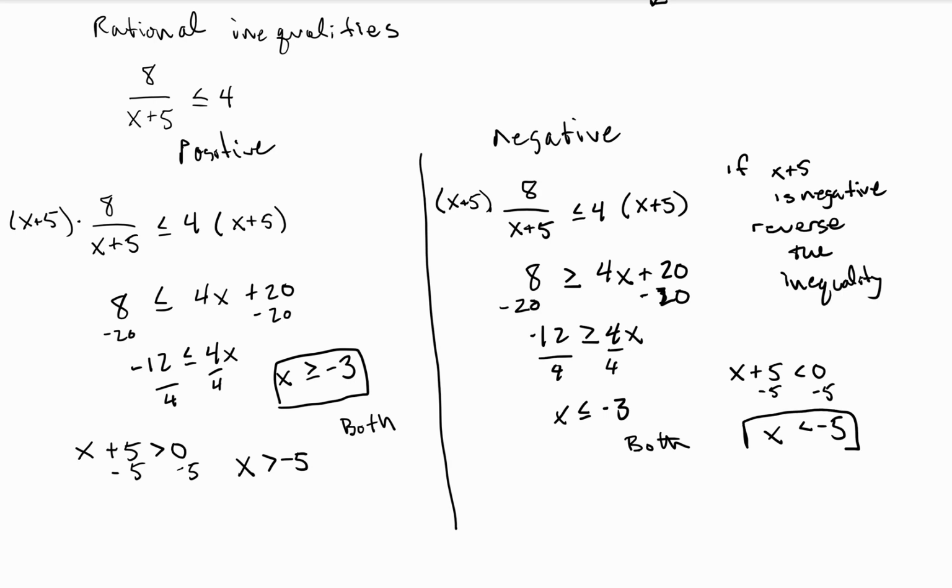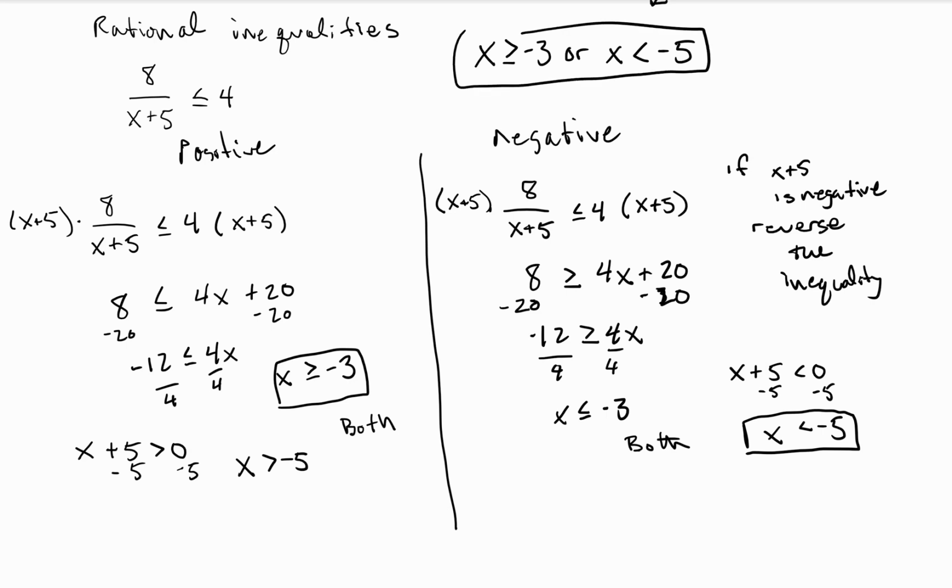It would be these guys here. So then your solution is going to look like this. You're going to say x has to be greater than or equal to negative 3, or x has to be less than negative 5. Both of those in combination give you the answer.